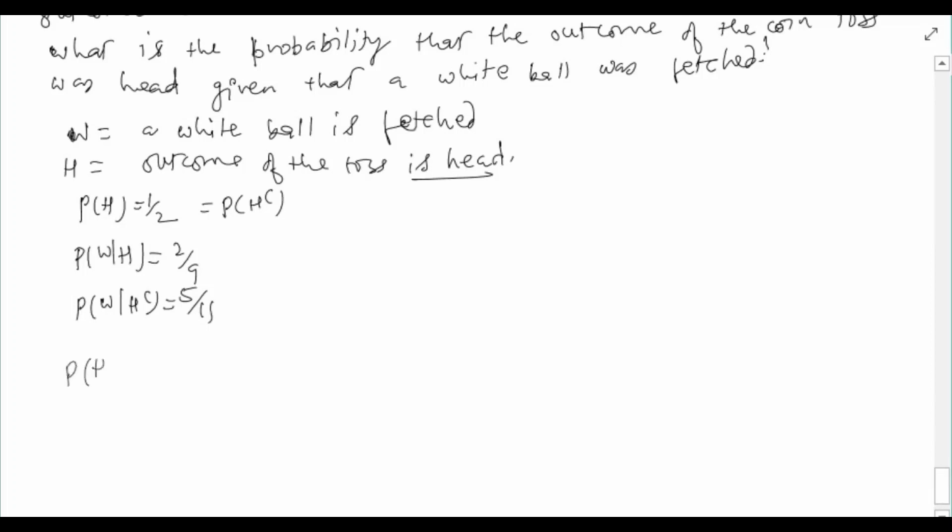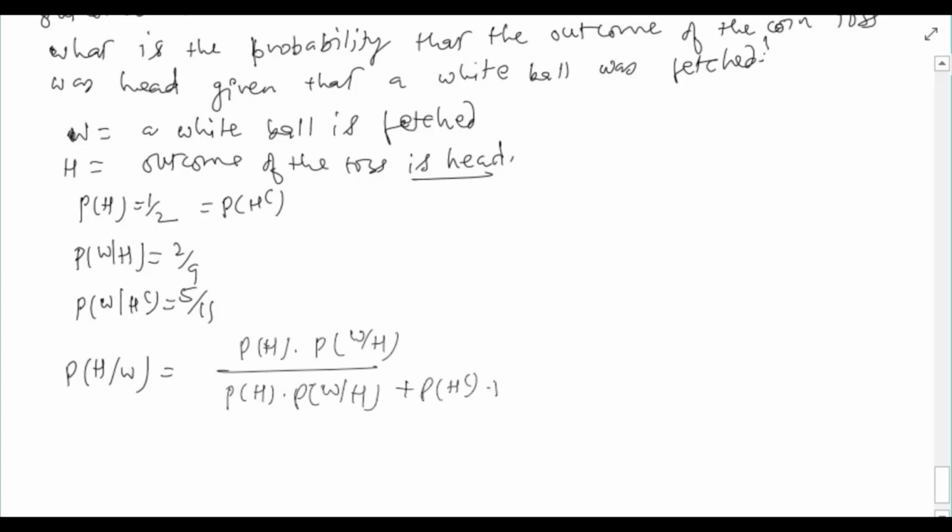Now we have to compute probability that the outcome of coin toss was head given that a white ball was fetched. So probability of H given W will be probability of H times probability of W given H divided by probability of H times probability of W given H plus probability of H complement times probability of W given H complement.